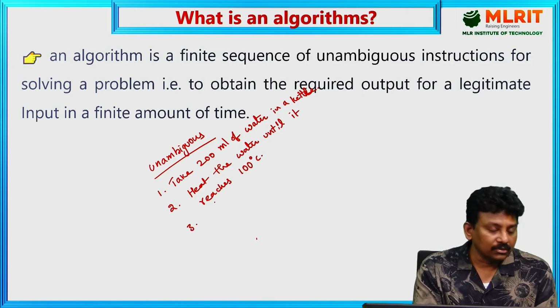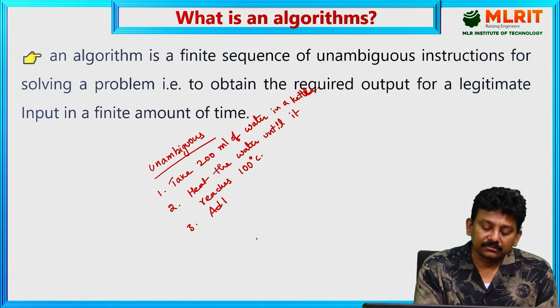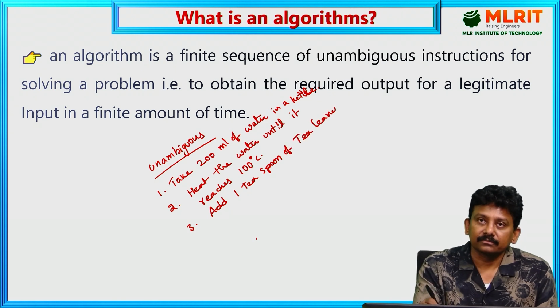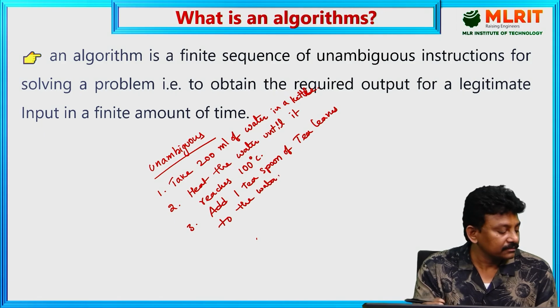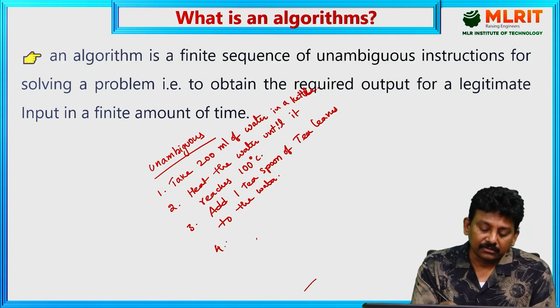Third, add 1 teaspoon of tea leaves to the water, meaning boiling water.